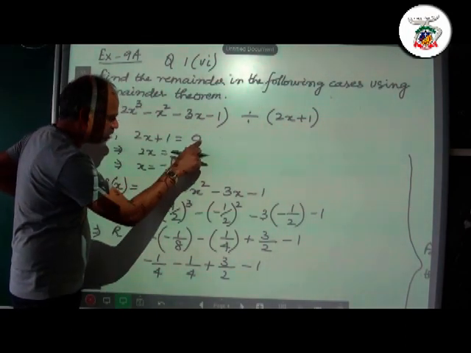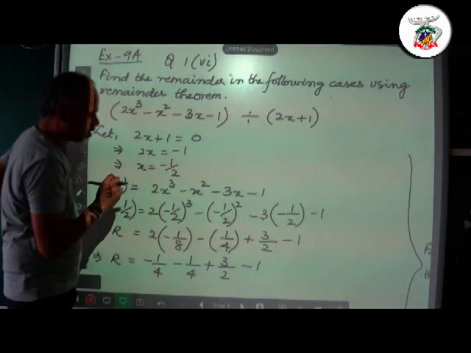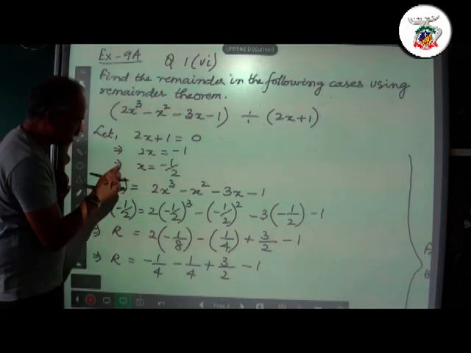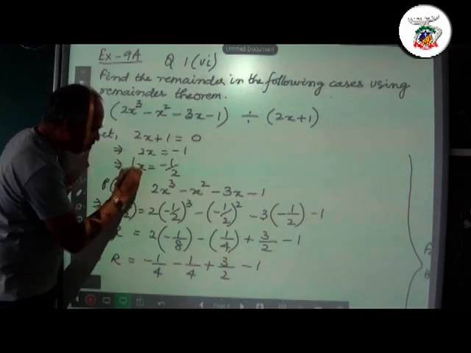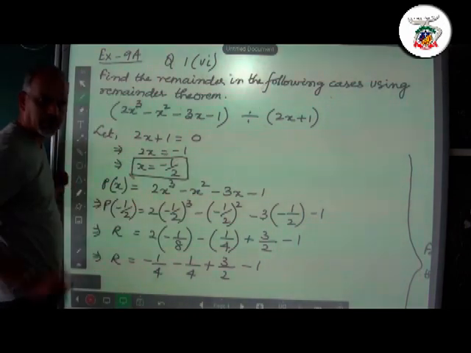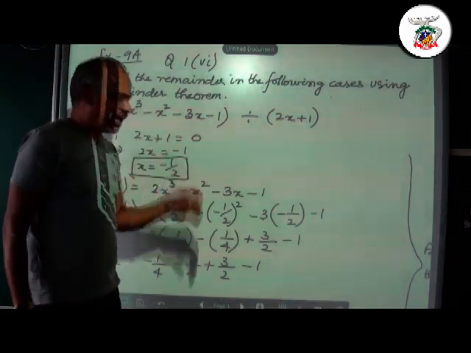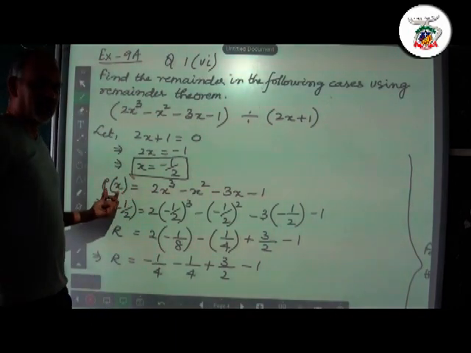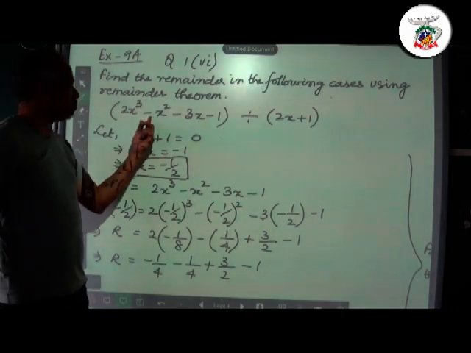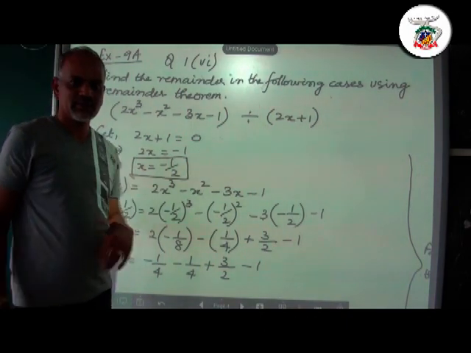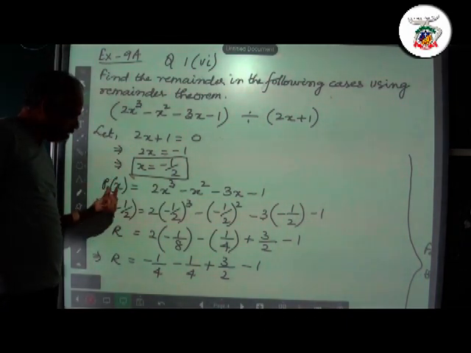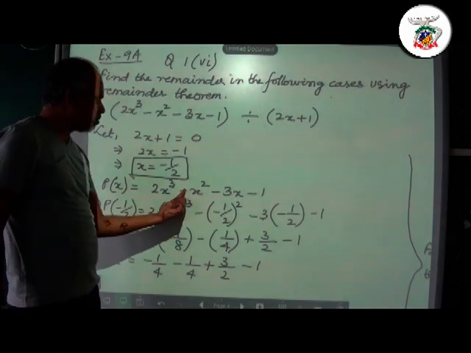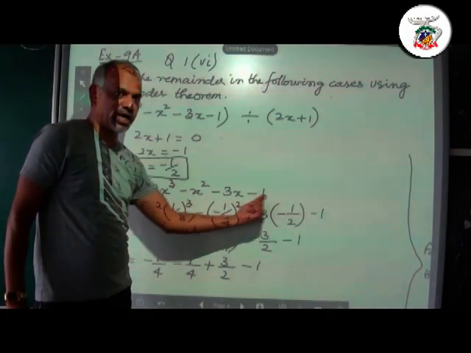Shift the 1 to that side, 2x is equal to minus 1, and take the 2 to that side, x is equal to minus 1 divided by 2. So you got the value of x. X is minus 1 by 2. And the polynomial is 2x cubed minus x squared minus 3x minus 1. So p of x, which represents the polynomial in terms of x, is equal to 2x cubed minus x squared minus 3x minus 1.